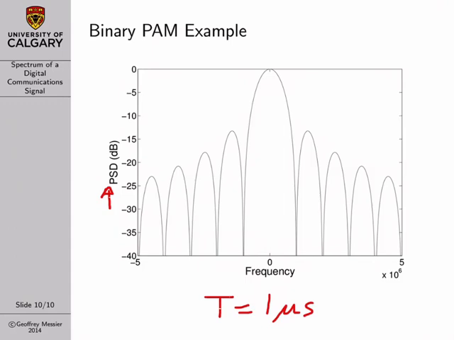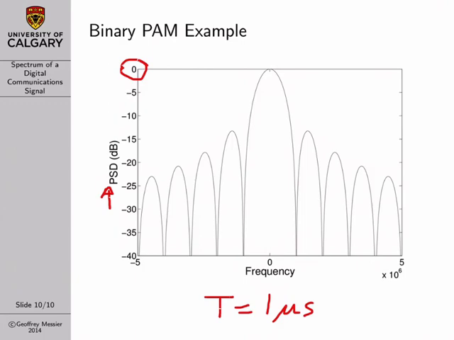You always plot the y-axis of your power spectral density on a log scale or in decibels. And the last thing I've done is I've normalized the equation so that the peak of the power spectral density is equal to 0 dB. And that normalization is also commonly done. And so what we see here is the sort of sinc squared shape of the power spectral density.